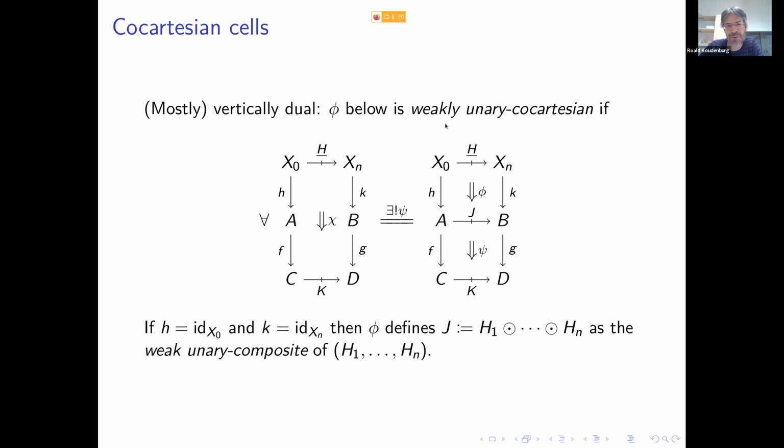And weakly because, well, there's also a stronger notion of co-Cartesian cell, but we won't use that here. We're mostly interested in the case where phi has identities as vertical boundaries. Then we call J the horizontal composite of this path H. The weak unary composite of that path. So we'll use this later at the end. Because it's vertically dual to the Cartesian case, I wanted to tell you about it now.